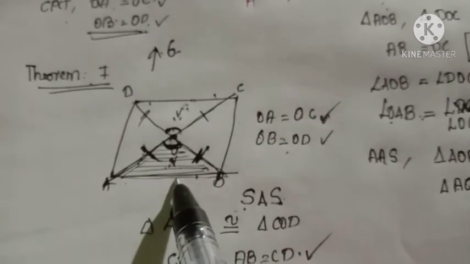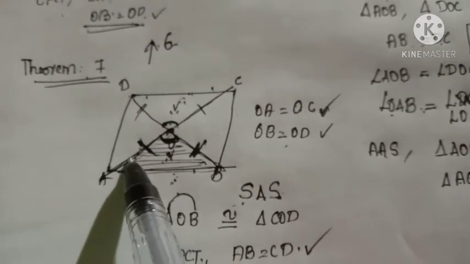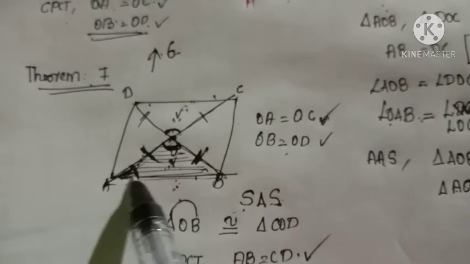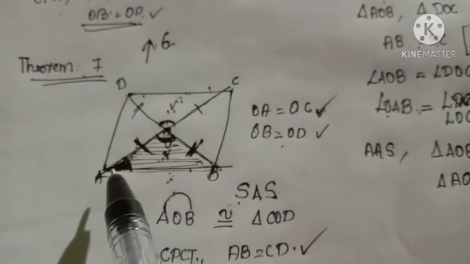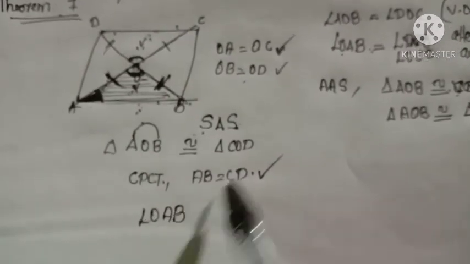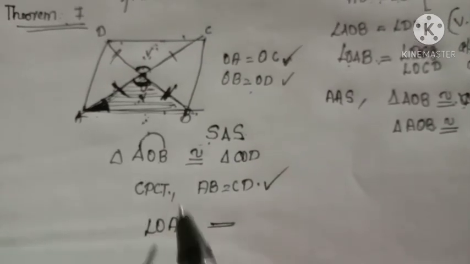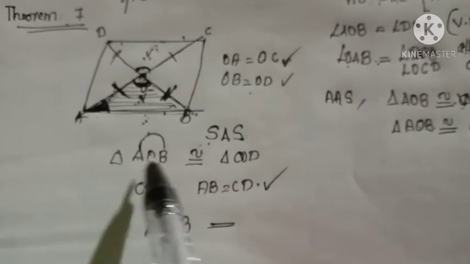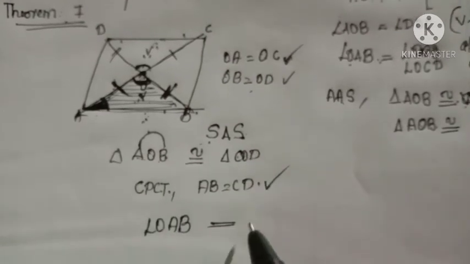To prove parallel, we need to find alternate pairs of angles. Listen, this angle. Name the angle. What is it? Angle OAB, isn't it? Angle OAB. So from this congruence relation, you have to write angle OAB is equal to angle OCD. See the order? OAB, here OCD.